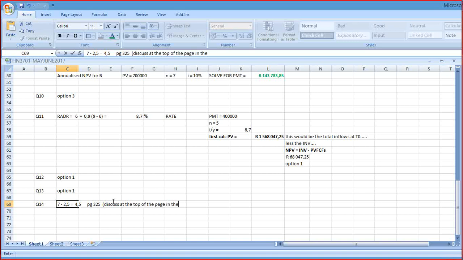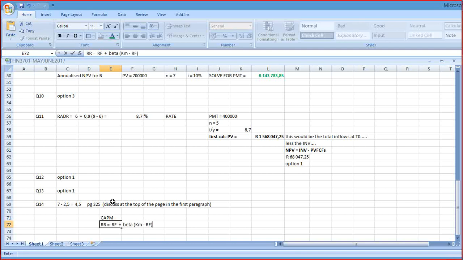What is the actual formula for CAPM? Required return equals risk-free plus beta times the market return minus the risk-free.